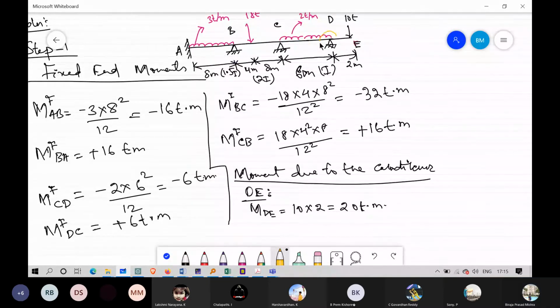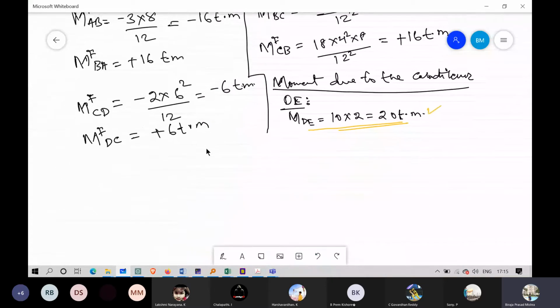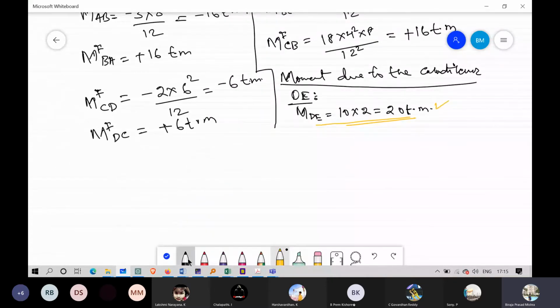Okay, now if you see this problem, what kind of end is this one? Hinged, sir. Okay, so at a hinged end, what should the moment be? Zero. The moment should be 0, but here at this joint the moment is coming as 20 ton meter. So we will write a note for that. Please pay attention here.